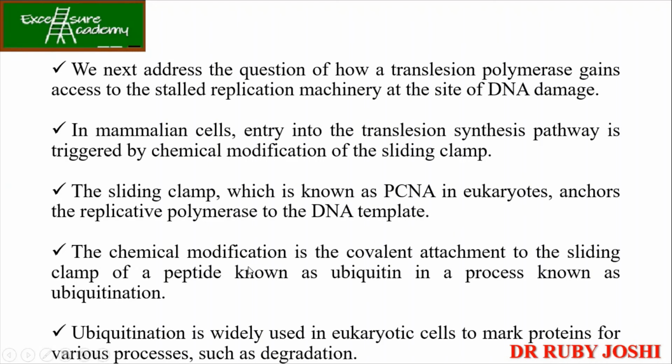There will be a chemical modification, a covalent attachment of ubiquitin to the sliding clamp. And we know that whenever any protein is tagged with ubiquitin, it is going for ubiquitination. It means it is going for protein degradation by the proteasome. Clear?